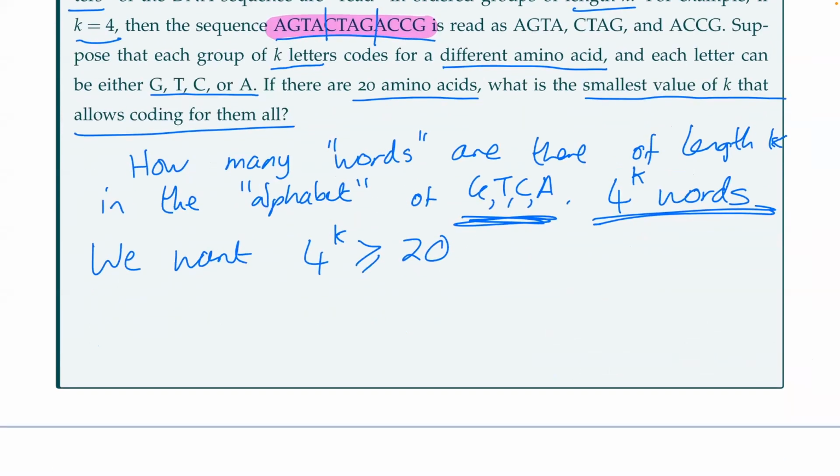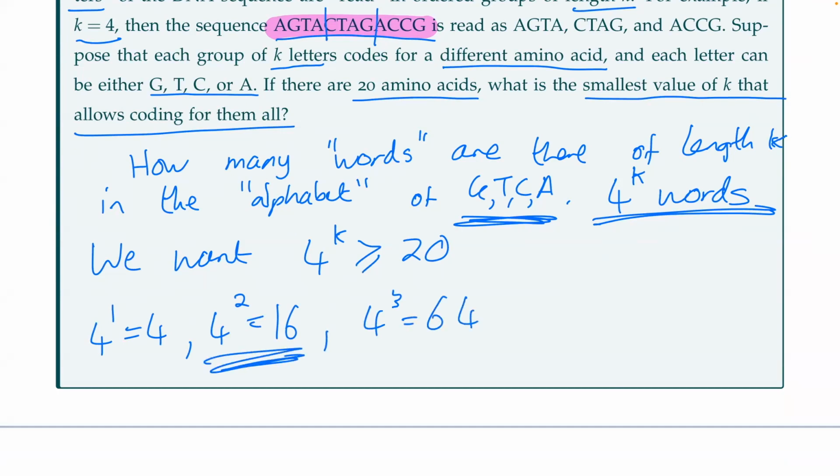So let's just think what these different values of K give us. 4 to the 1 is just 4. 4 squared is 16. 4 cubed is 64. So having genetic words of length 2 is only going to be able to code for 16 amino acids, but we need 20 amino acids.